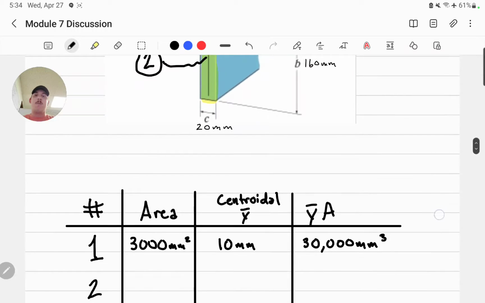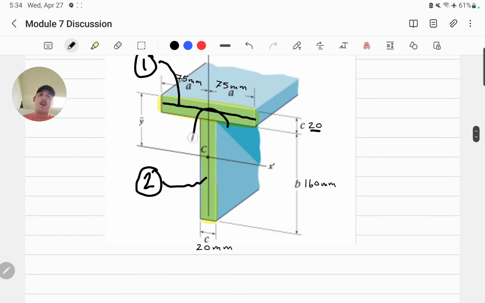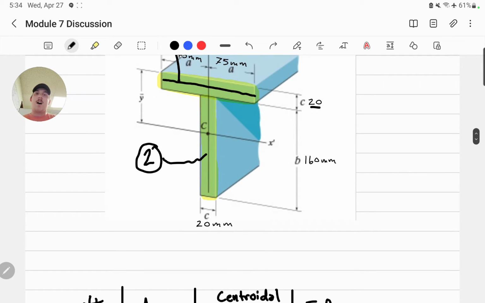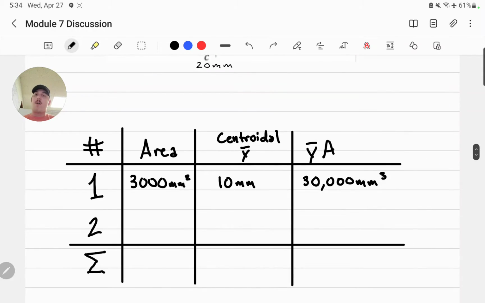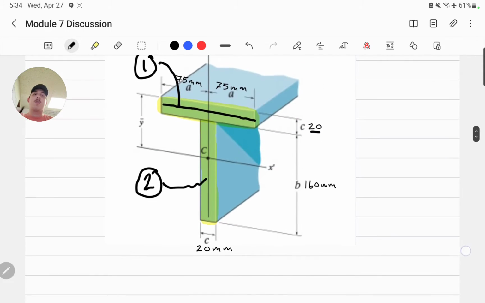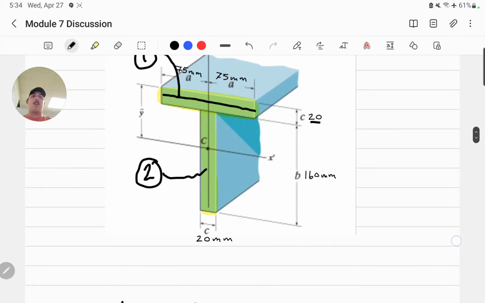All right. Moving on to area 2, my vertical rectangle. Area, same thing, easy: 160 millimeters for the height and 20 millimeters for the width. That gives me a total of 3,200 millimeters squared. For my centroid, here's where it gets a little tricky.